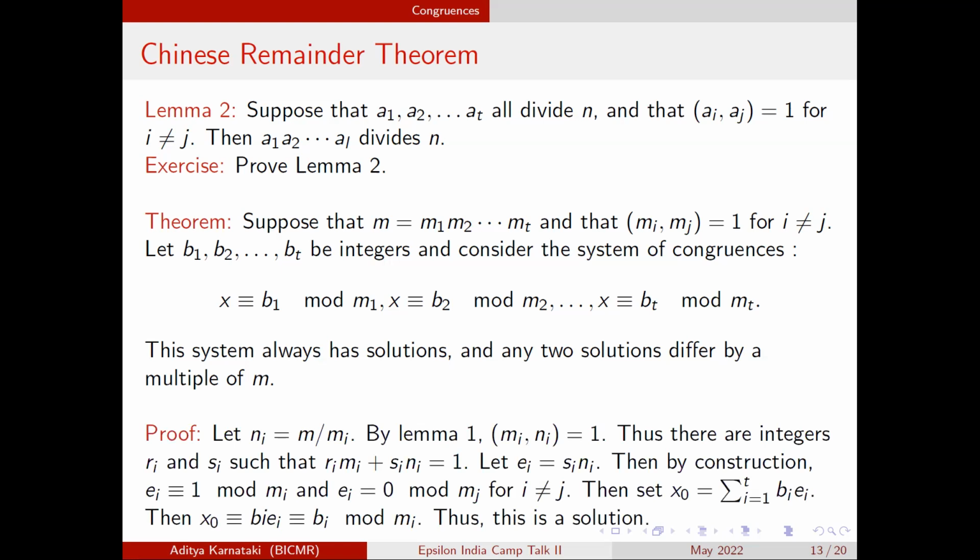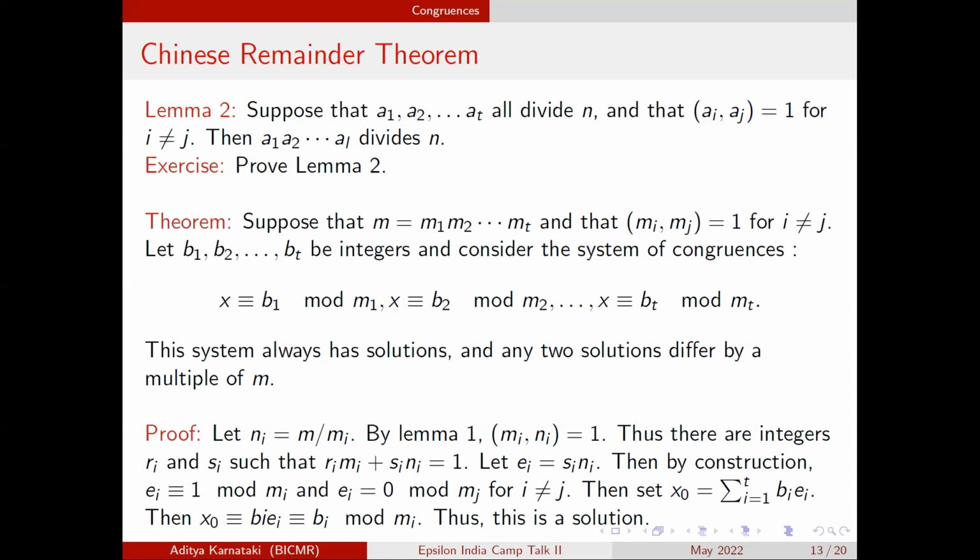And so the proof is again not too difficult. Let Ni be M over Mi. Then by lemma 1, the GCD of Mi and Ni is 1. Okay, if i is 1, then it's a product of say M2 up to MT, and that GCD is still 1. And so thus there are integers Ri and Si such that Ri Mi plus Si Ni is 1.